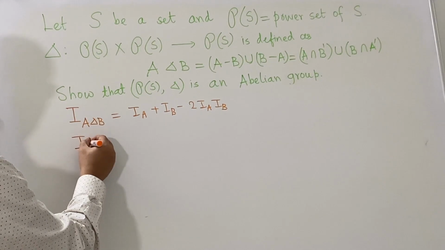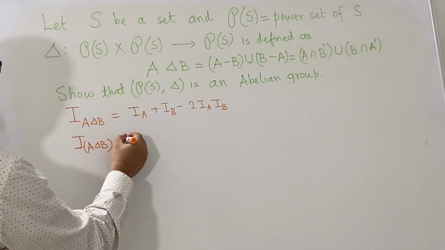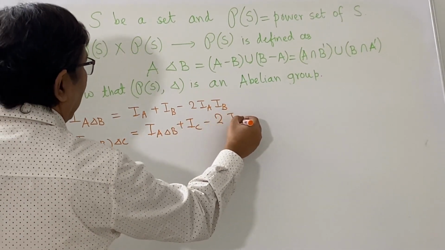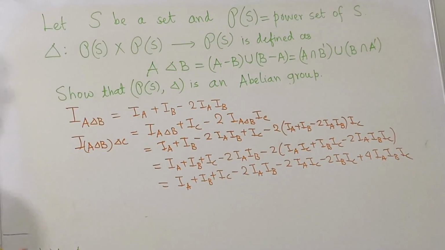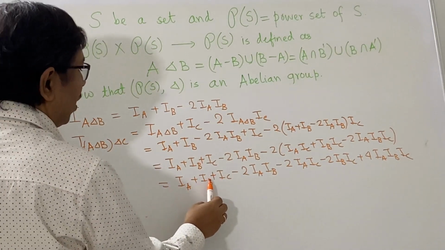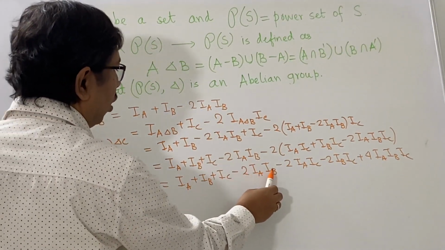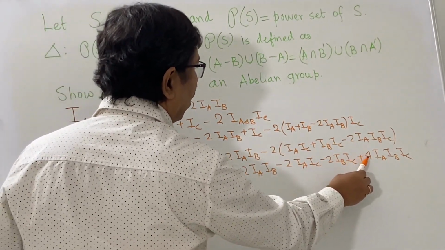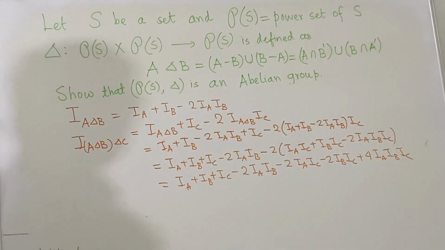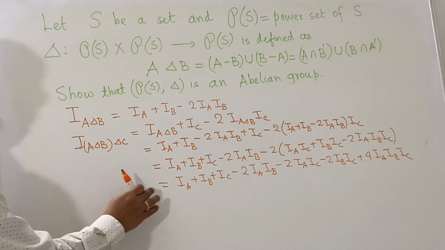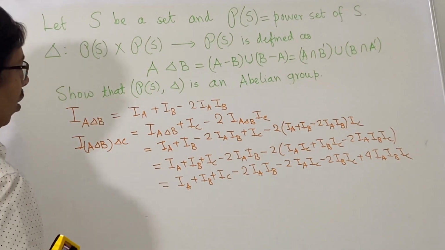So when we look at I of (A delta B) delta C, we will have I of A delta B plus I of C minus 2 I of A delta B times I of C. So simple algebra tells us that I of (A delta B) delta C is I_A plus I_B plus I_C minus twice I_A I_B minus twice I_A I_C minus twice I_B I_C plus 4 times I_A I_B I_C. We will now find out I of A delta (B delta C), and we will try to check whether it matches with this expression.